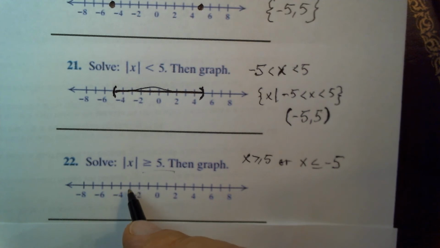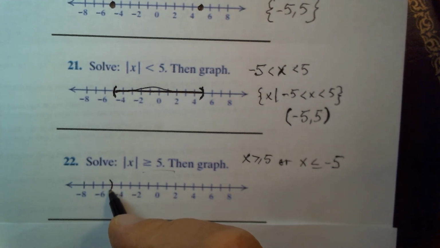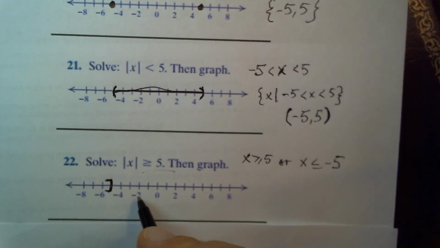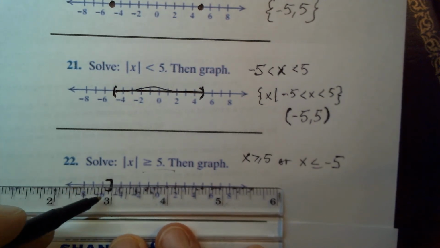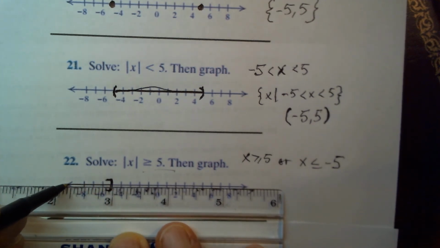Okay, so in other words, negative 5 is here and gets a bracket because it's a less than or equal. And all the numbers to the left of minus 5, including minus 5. So that's our solution here.